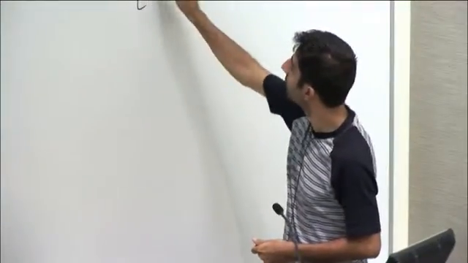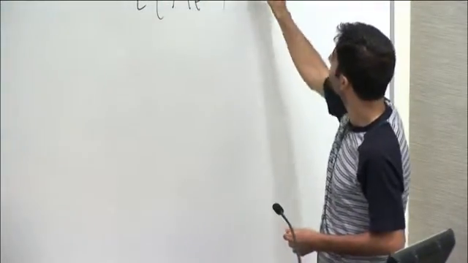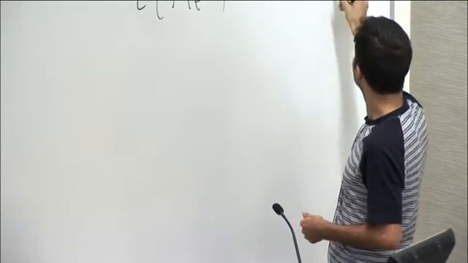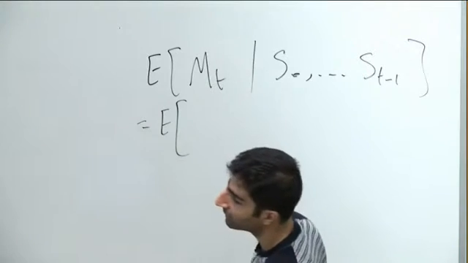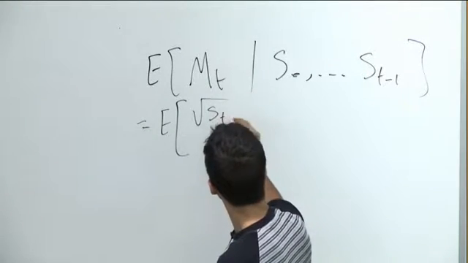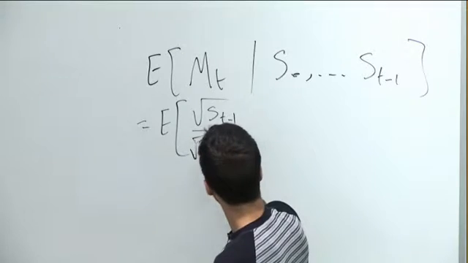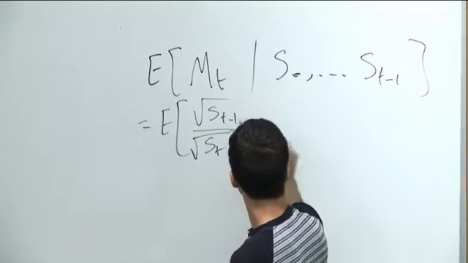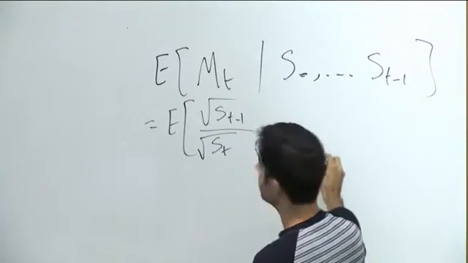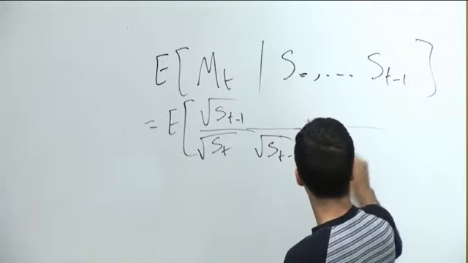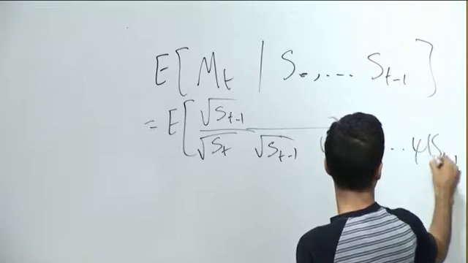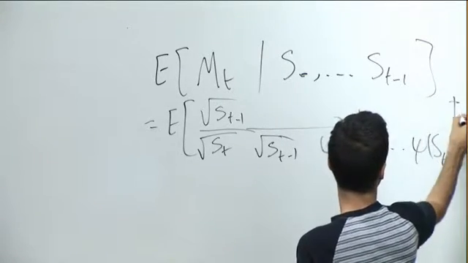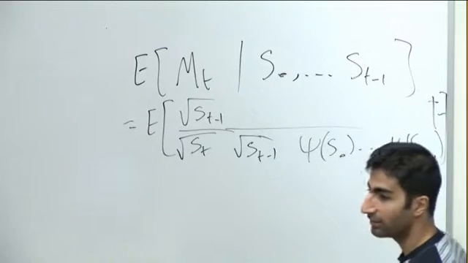Because the expectation of M_t given S_0 up to S_{t-1} is, you can write it as the expectation of root S_{t-1} over root S_t, times the psi functions, psi of S_0 up to psi of S_{t-1}, conditioned on the above.